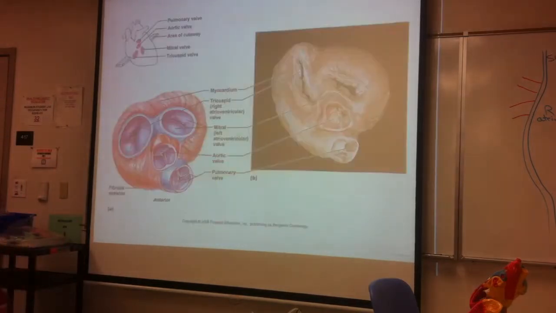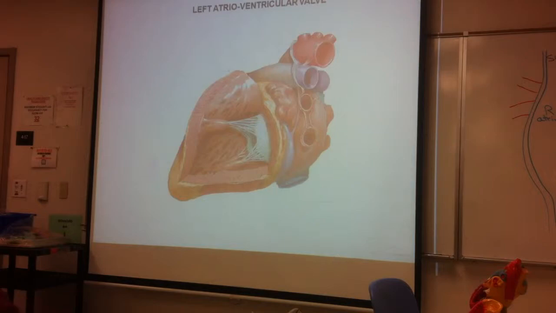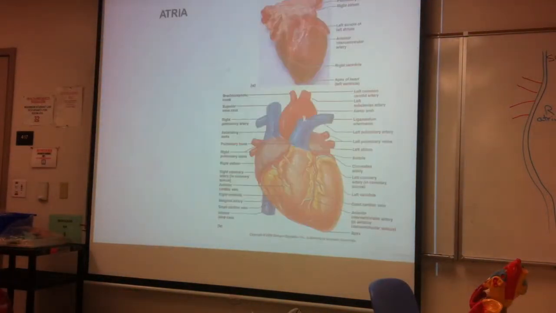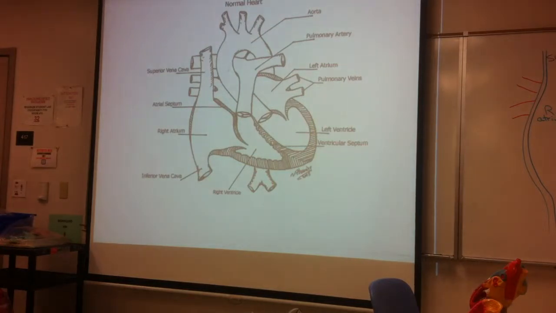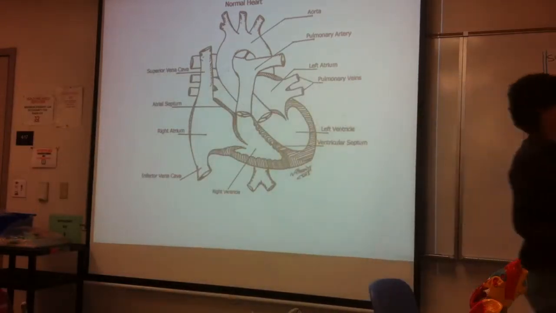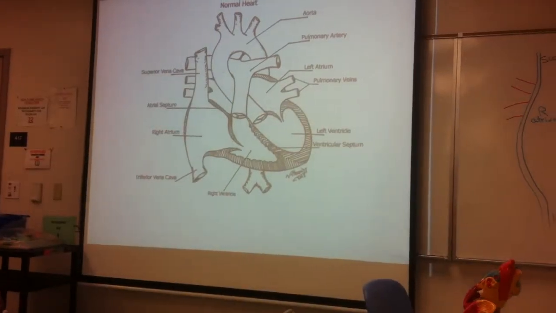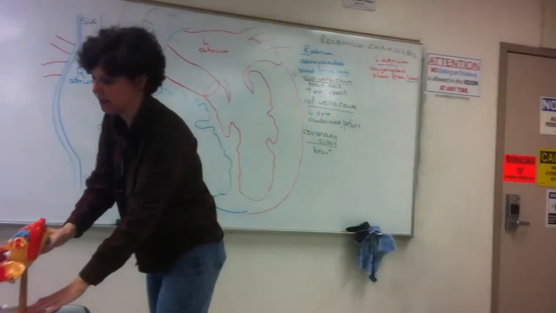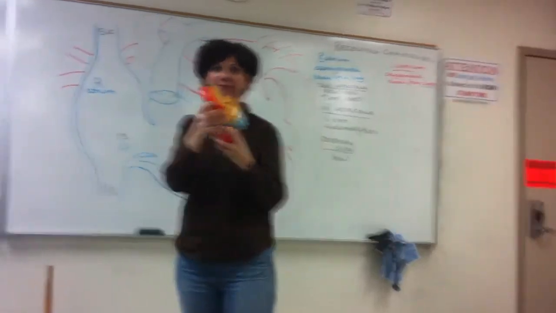All right, so going back to the atria, left side. Okay? And you'll notice that the left side, again, is receiving oxygenated blood. And so all of the left atrium is seen posteriorly.